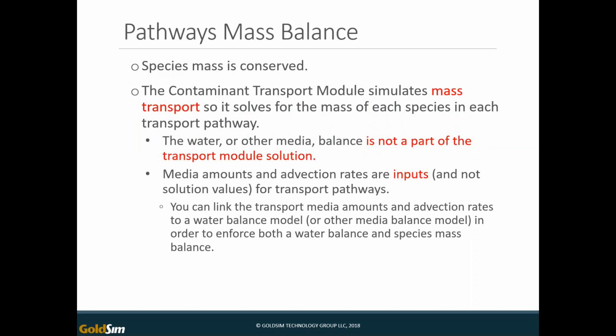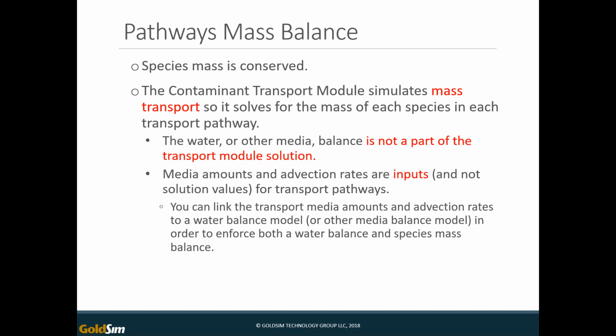So one last thing before we start working through some models: the contaminant transport module itself moves mass through a system. That's what it does. It actually simulates mass transport between these pathways. But in order to move mass through the system, we typically have to move things like water through the system. So GoldSim is going to conserve mass as it moves through the system, and it's going to solve for where the mass is in the system.